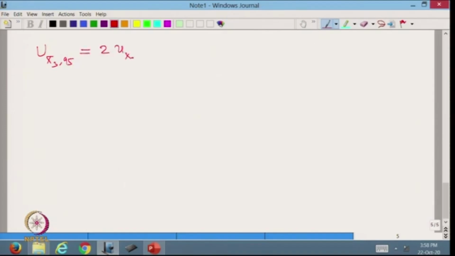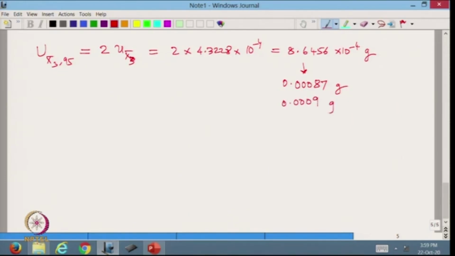This is 2 u x3 bar, which is 2 times that number we got, 4.3228 into 10 to the power minus 4, which is 8.6456 into 10 to the power minus 4 grams, which we round off to 0.00086 or 87 we can say, or even 0.0009 grams.